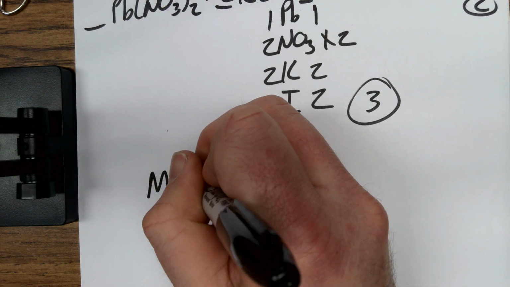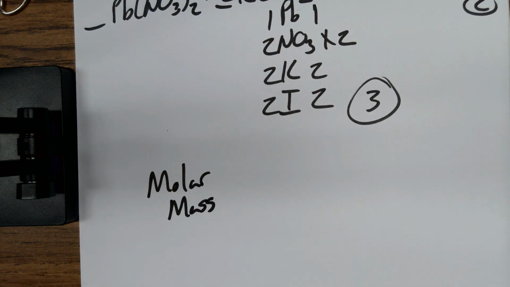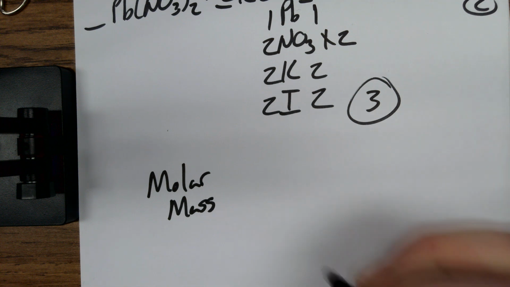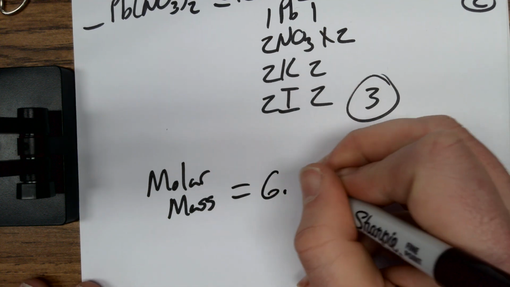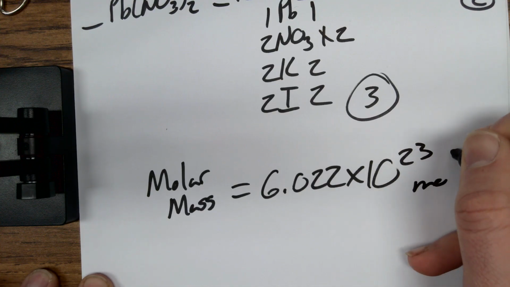The molar mass of any compound or element, in case we run into them, is equal to 6.022 times 10 to the 23 molecules.